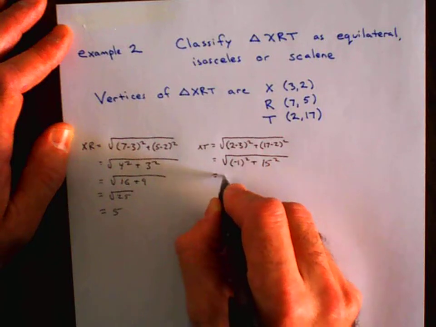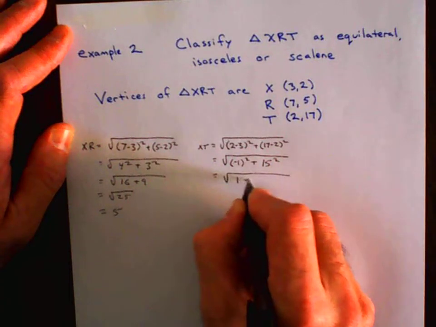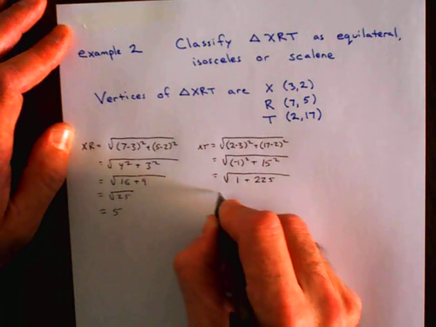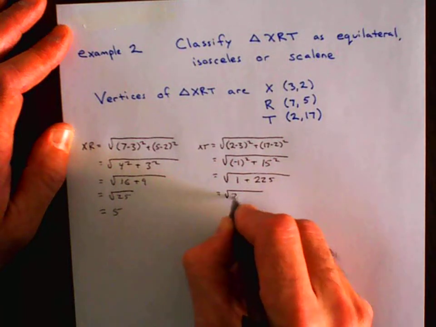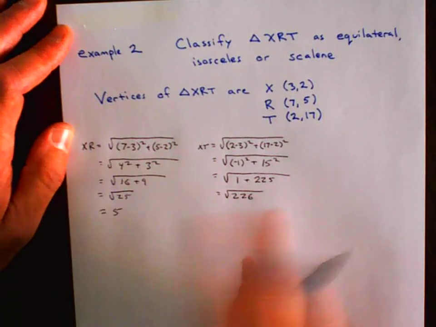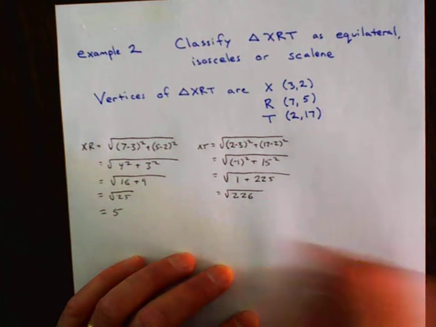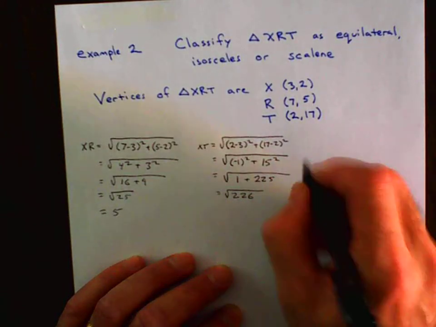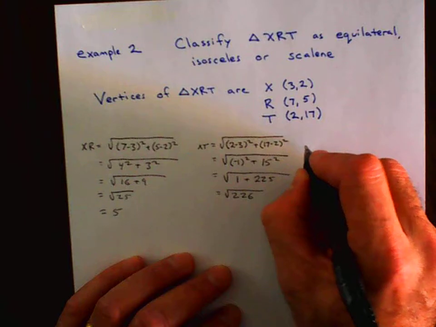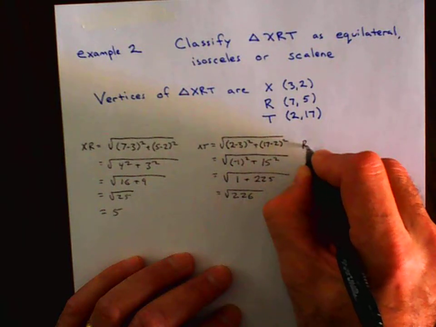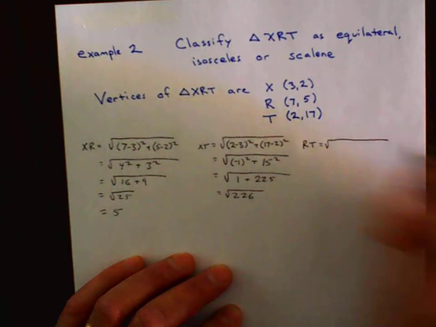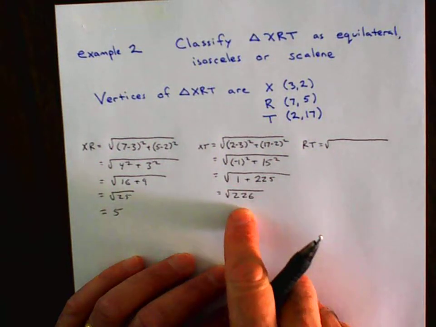That equals the square root of 1 plus 225, which is equal to the square root of 226. Clearly these aren't the same, so we have two different values. Let's go ahead and leave this as it is. We might be able to simplify that, but I'm going to just go with this. We're trying to find out whether they truly have any common ones. If they're all different, I think it'll become apparent even if I leave that.